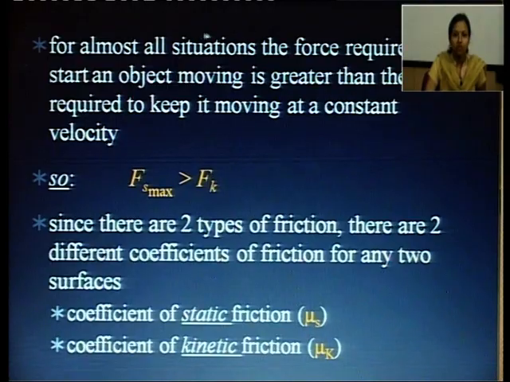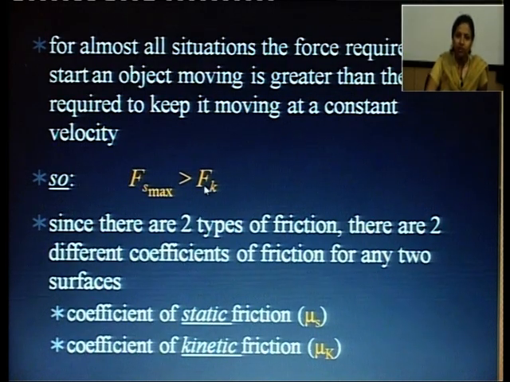For almost all situations, the force required to start an object moving is greater than the force required to keep it moving at a constant velocity. So static friction is always more as compared to dynamic friction, because the body is moving.